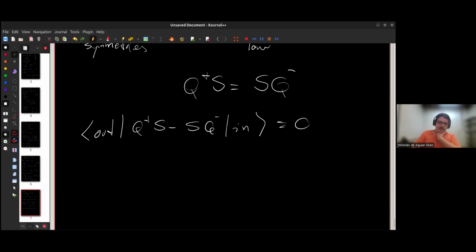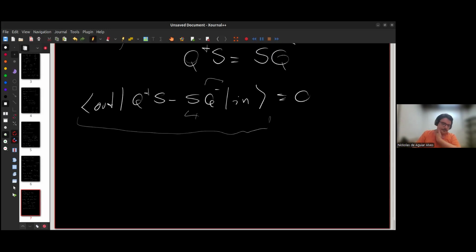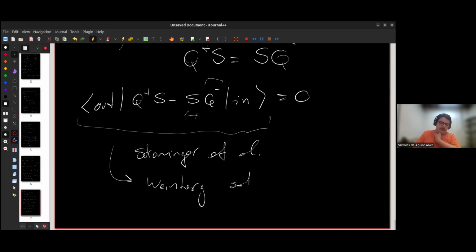I'm going to apply these charges that I obtain from the BMS symmetries, and then I'm going to apply the S matrix, and I'm going to derive what exactly this thing means. And it was shown by Strominger and collaborators that this actually leads to what we call the Weinberg soft graviton theorem.